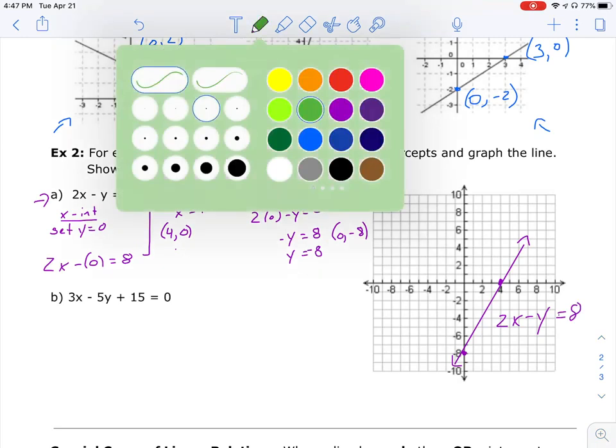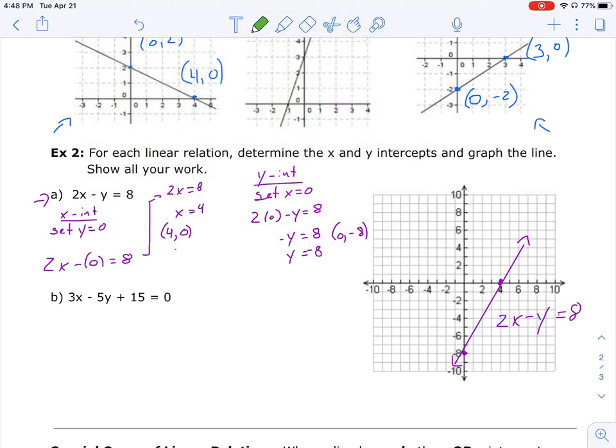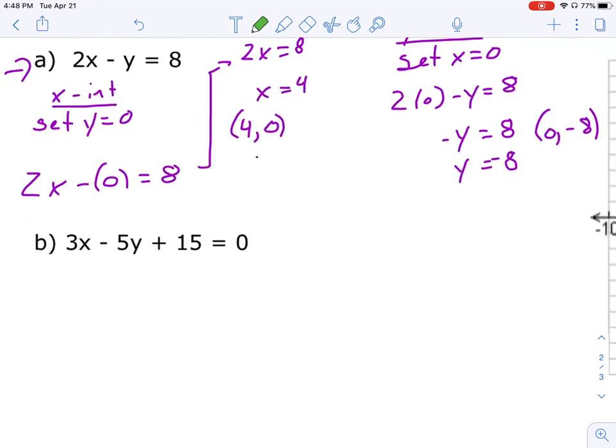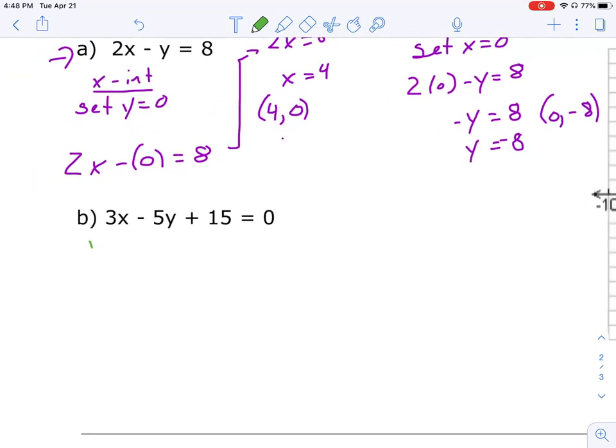Our next line we have, given to us in standard form, I'm going to be looking for my x-intercept. How do I find that? Well, I need to set y equal to 0. So 3x minus 5 multiplied by 0, we're setting that to 0, plus 15 equals 0.